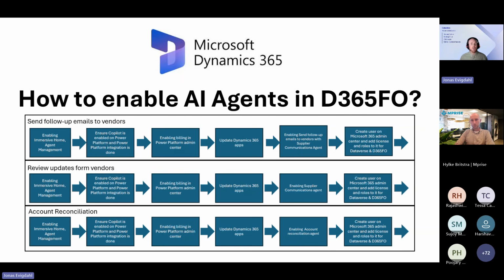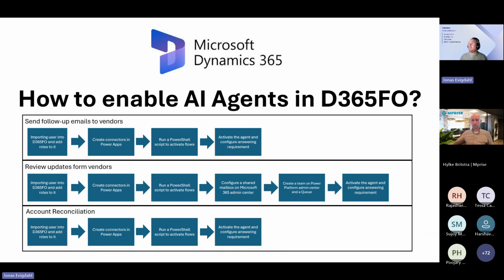Those licenses have to be available, otherwise the agent cannot operate within D365 using Copilot and using the Power Platform Dataverse storage. When this is enabled, we are able to import the users into D365 and then add roles to the users in F&O. Then we create some connectors that will connect Dataverse and also Copilot. And then it is possible for the agents to communicate and do all the tasks that they have to execute.